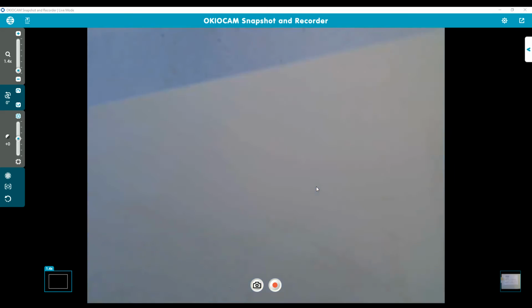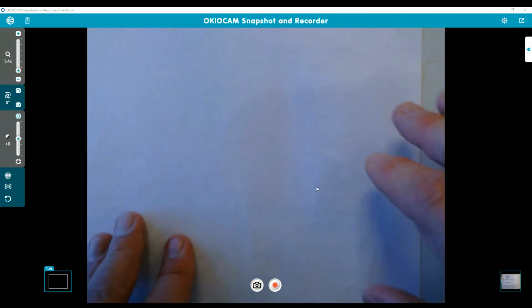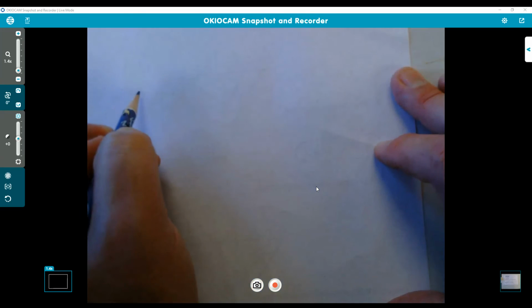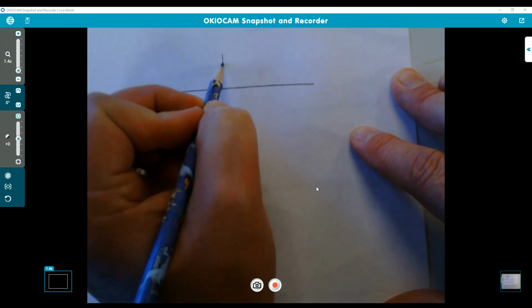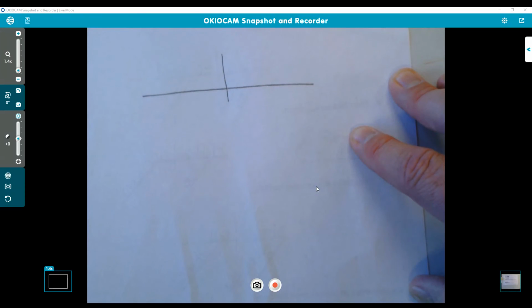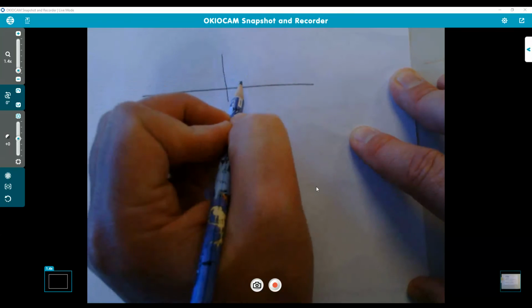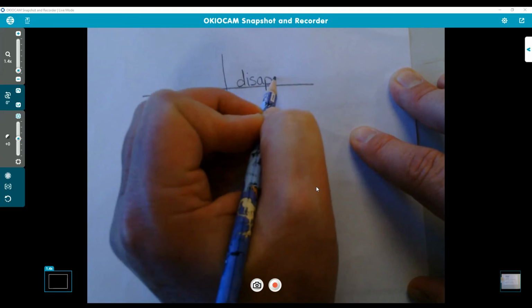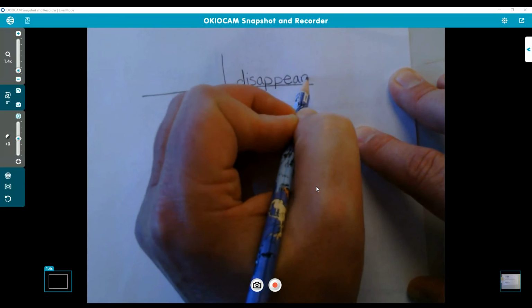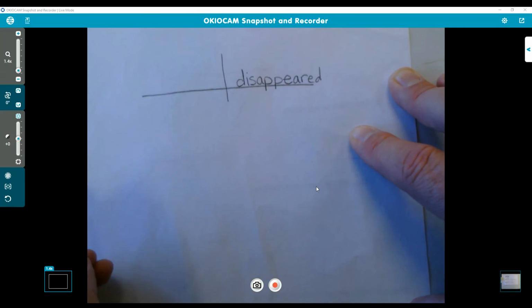All right, I'm ready to diagram. I'm starting with my core. What action is happening? Disappeared is our verb. Then, scholars, who or what disappeared?